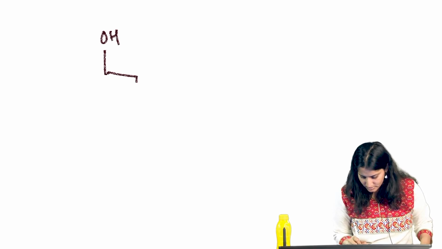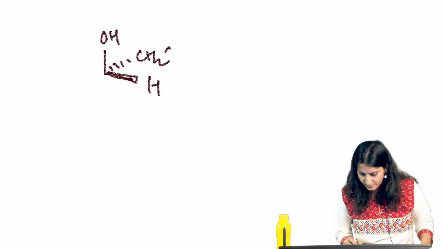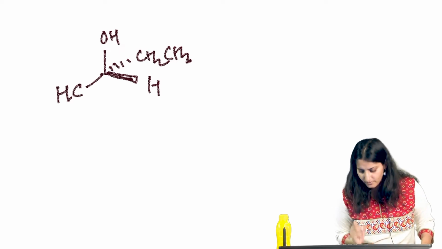Okay. Now let us look at a couple of other examples, and as I said, I am going to show a couple of tricks to get to the answer very quickly while naming R and S. Herein let us draw one molecule. I have this particular molecule here. This is 2-butanol.